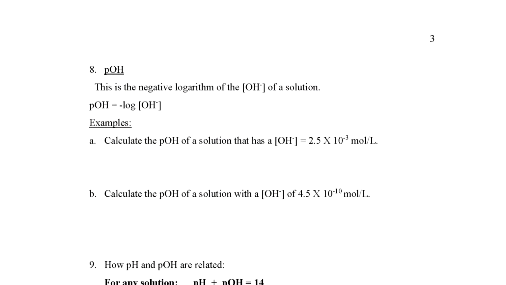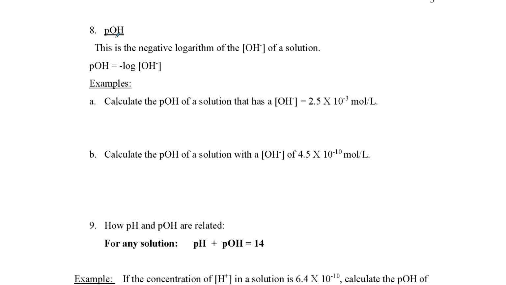Okay, so in addition to pH, there's also something called pOH. If we know that pH is a measure of the hydrogen ion concentration, pOH is going to focus on the hydroxide ion concentration. So it's kind of the same calculation, but instead of using the hydrogen ion concentration, we use the hydroxide ion concentration.